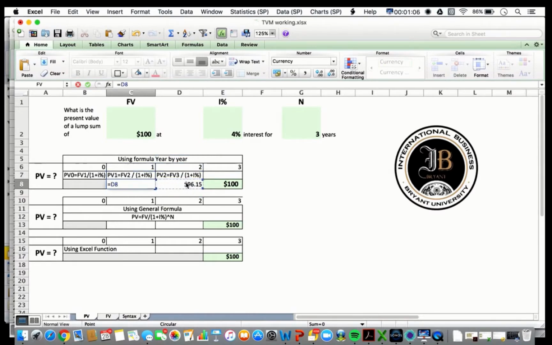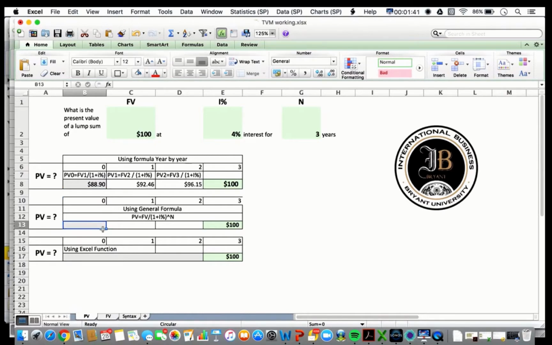So this 96 divided by 1 plus our interest rate gives us this amount. And finally, the dollars that are expressed in year 1, how could we express them in monies of year 0? By doing this 92 divided by 1 plus the interest rate, which is 4%, and we get the 88.90, which is, as you remember, the answer we just got a little while ago on the slides.